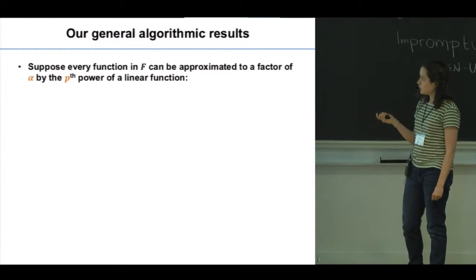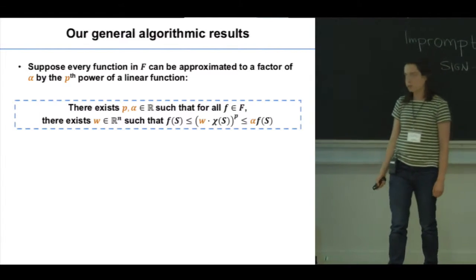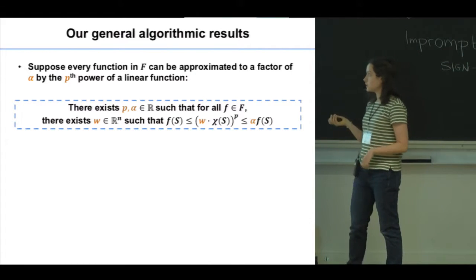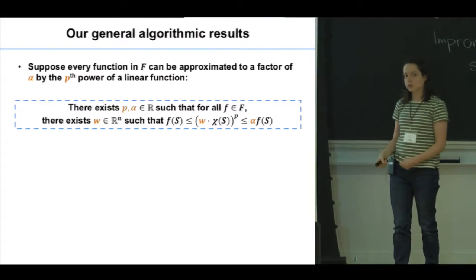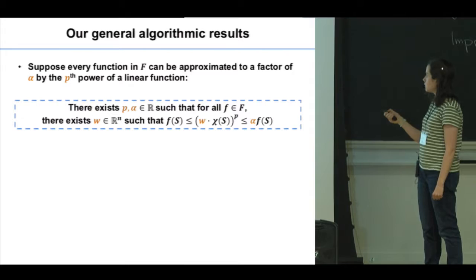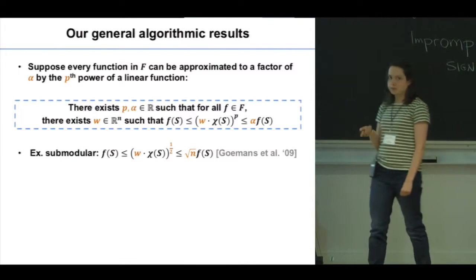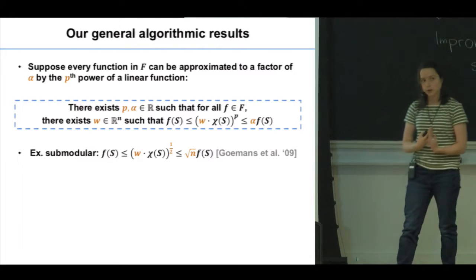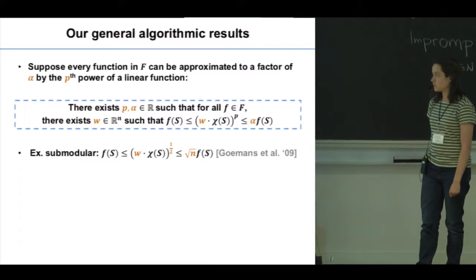What I mean is that there exist two values, p and alpha, such that for all functions in our class, there exists a weight vector w such that this inequality holds. For example, we know that submodular functions can be approximated to a square root of n factor by the square root of a linear function.